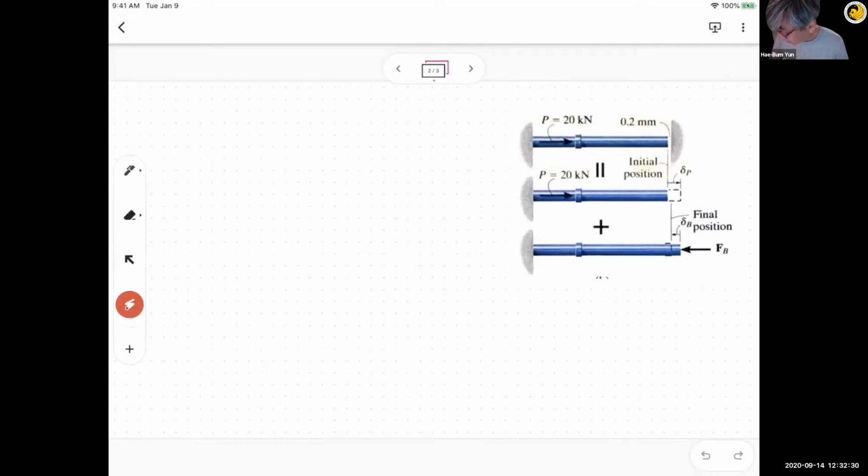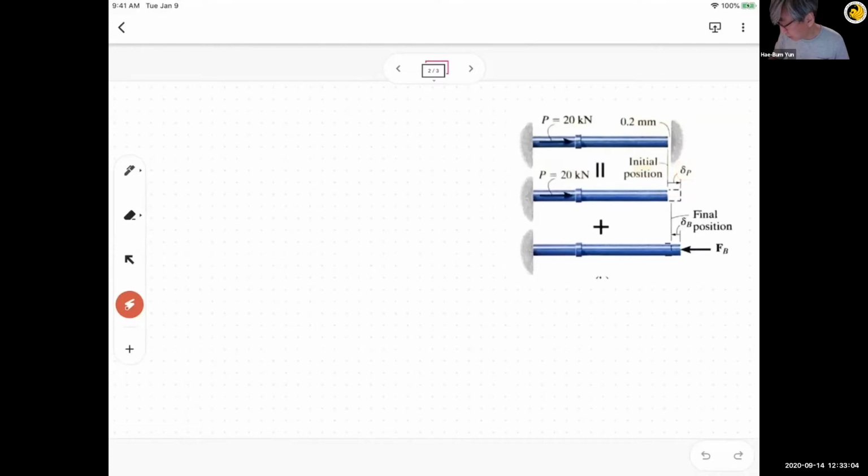Due to the force, it will elongate, so we have delta P. But as you can see, there is no wall at the right end, so this is like a purely free end rod. So we have delta P here.